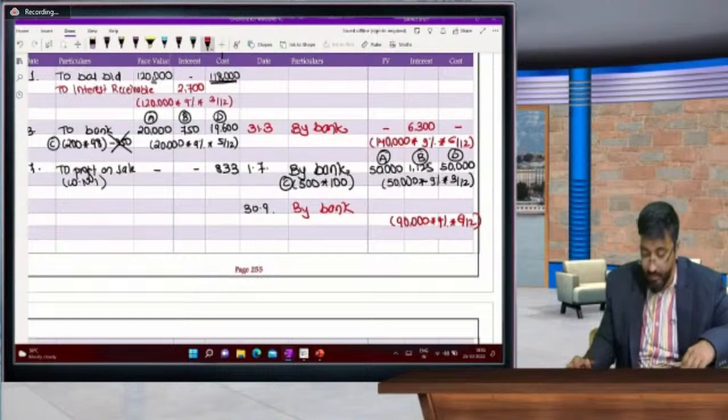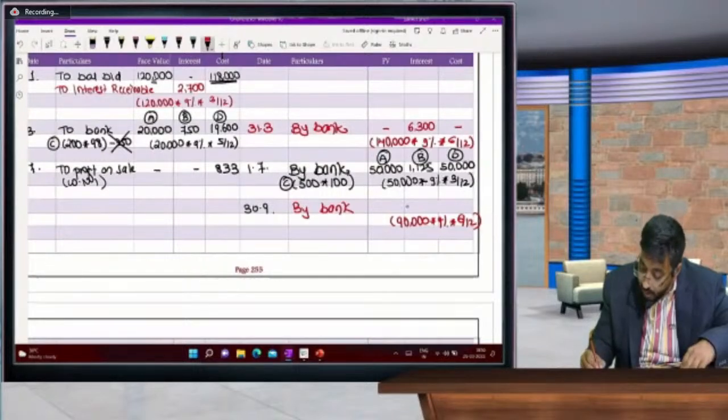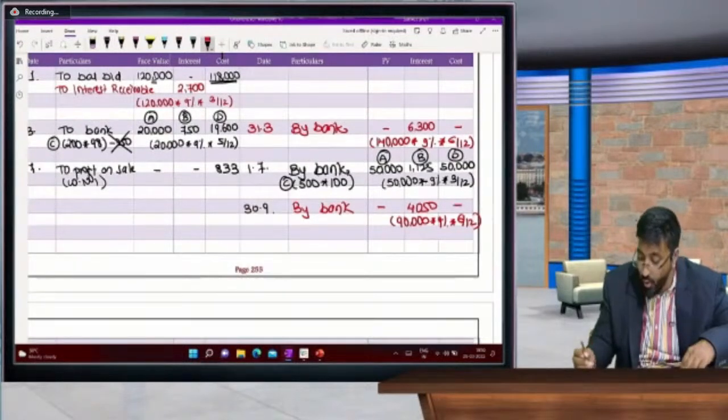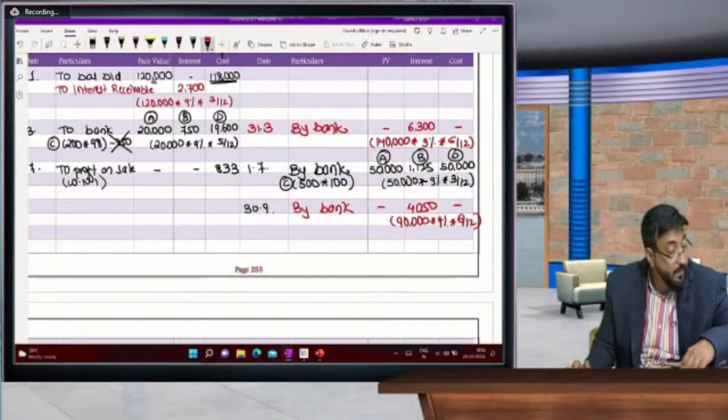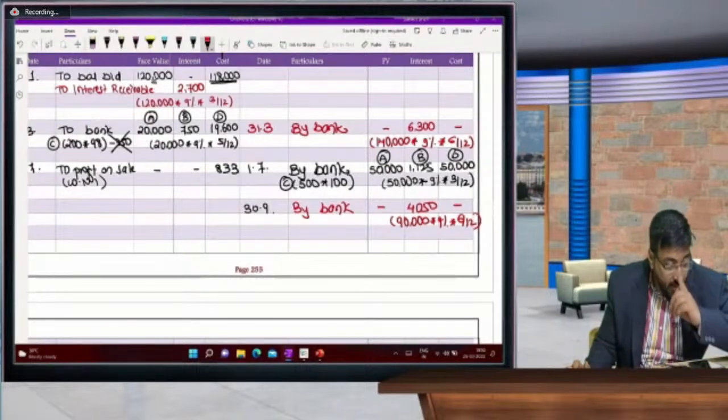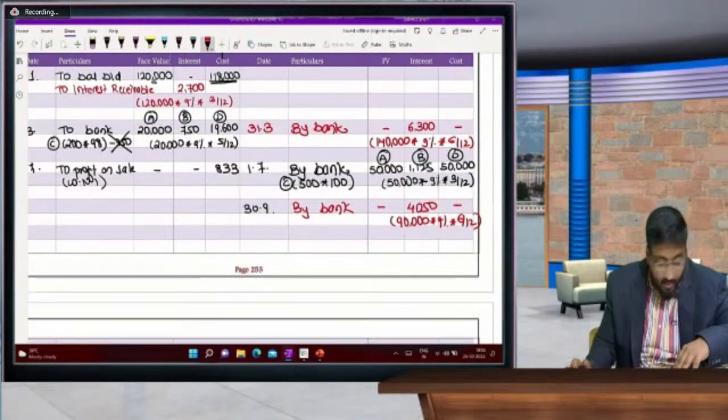Okay, sir. Yes, how much beta? 40. Should I write it in face value column? No. Should I write it in the cost column? No. Sir, I will write it in the interest column. Okay, beta.